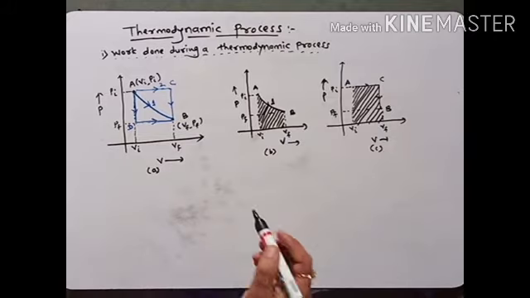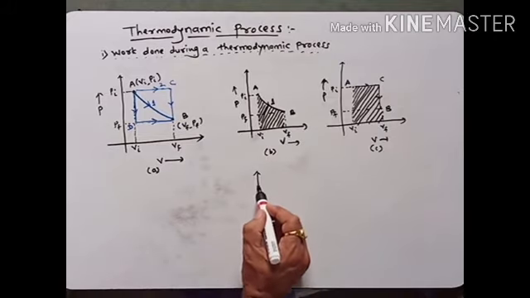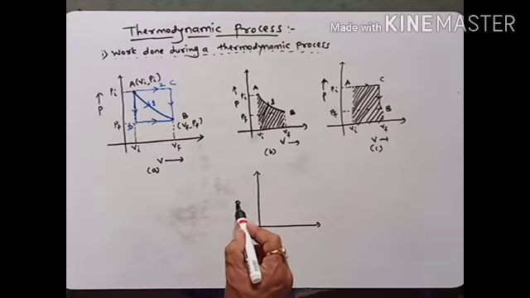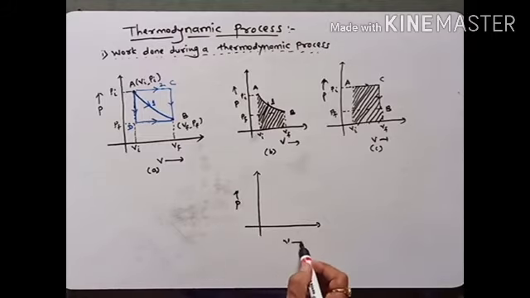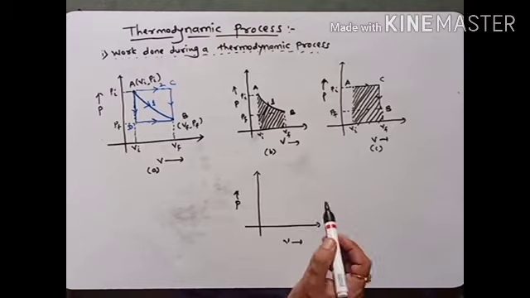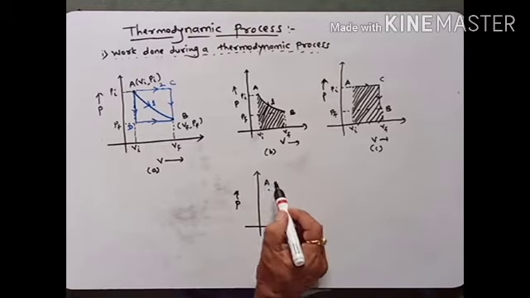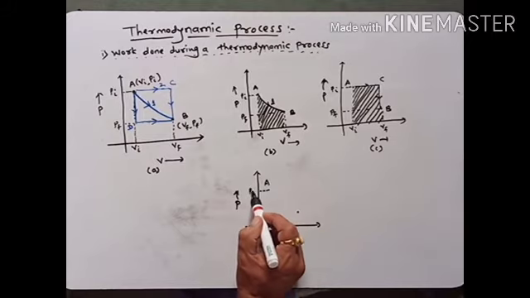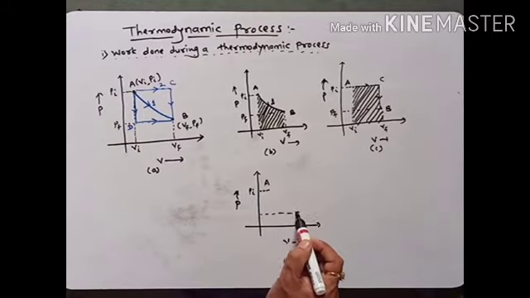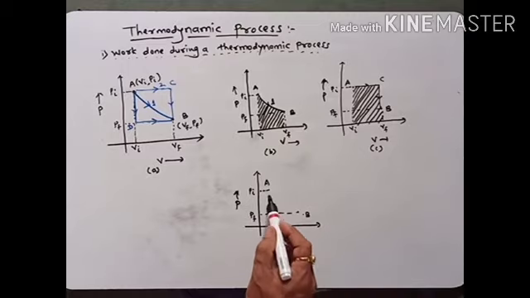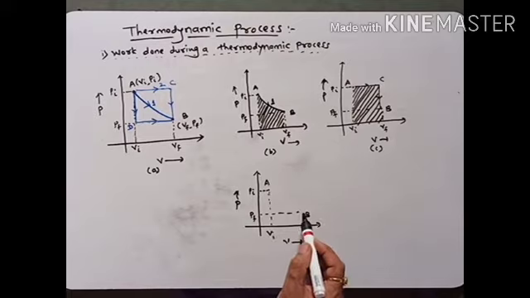Now we consider the third way. Same figure we consider. Pressure is here, volume is here. Now A to B. Suppose Pi is the pressure at A, Pf is the pressure at B, Vi is the volume, Vf is the volume.